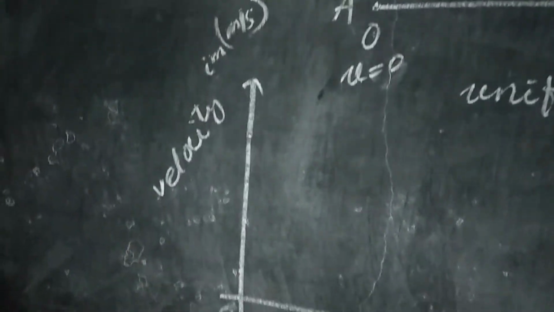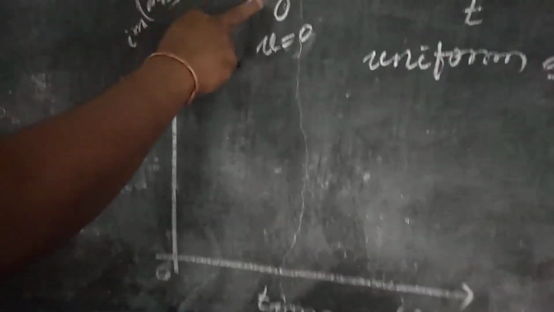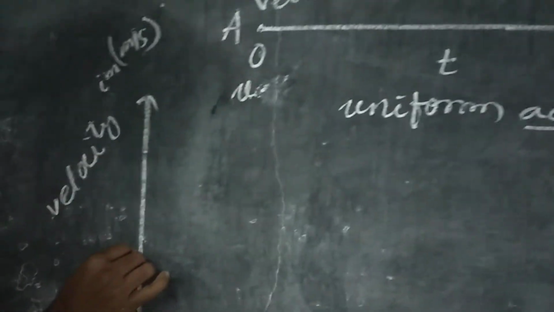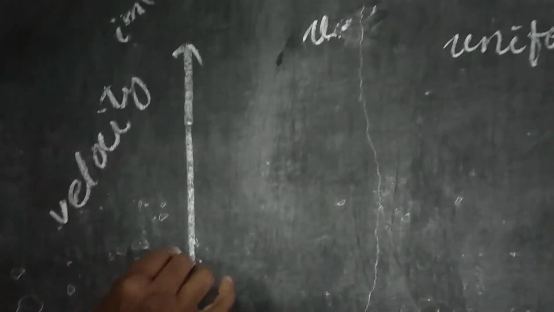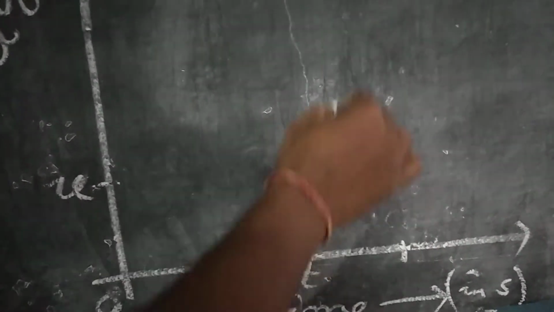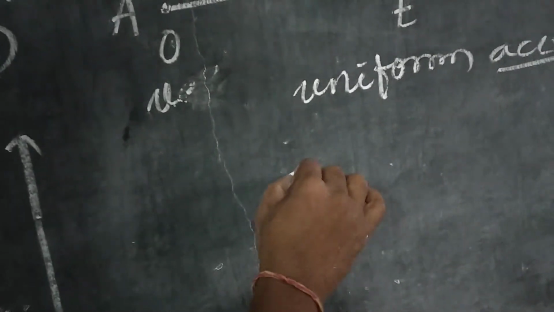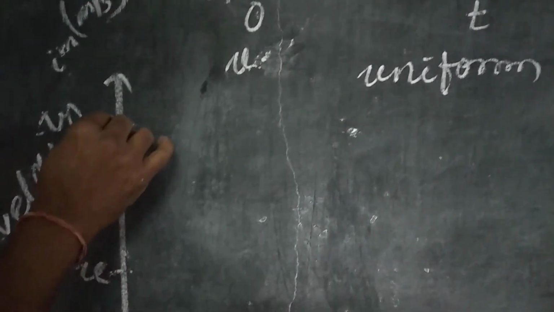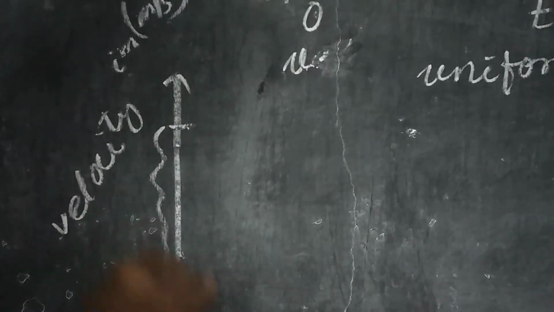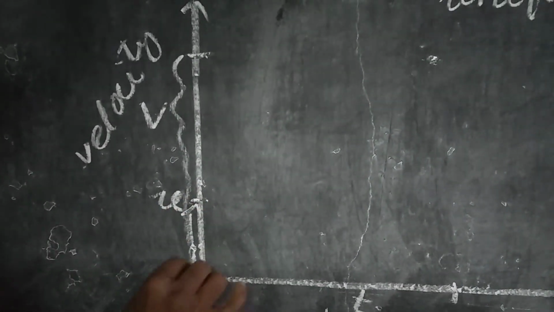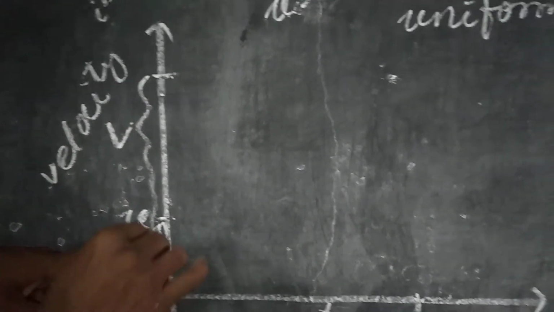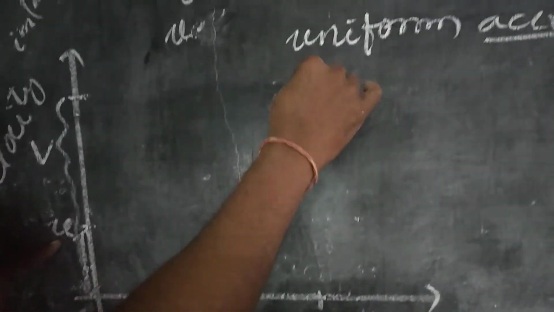Because the body has an initial velocity, suppose the initial velocity here is u, and after time t it reaches a final velocity, suppose v. That means after time t the body reaches v.